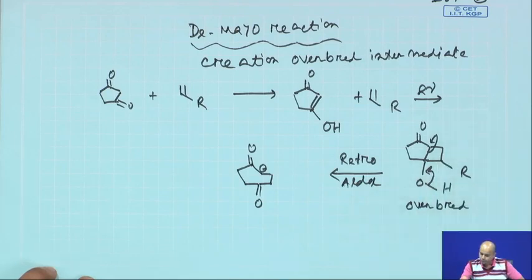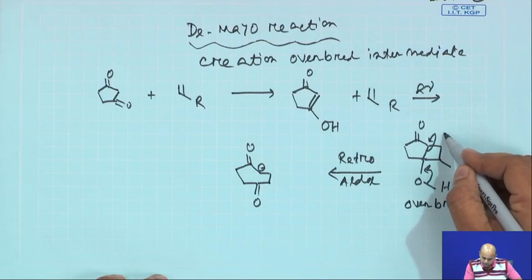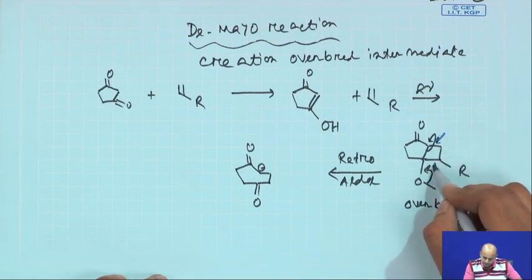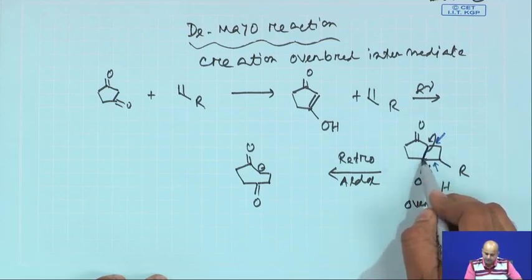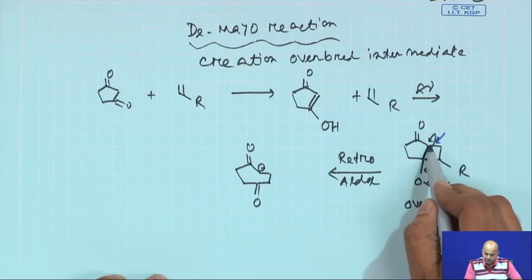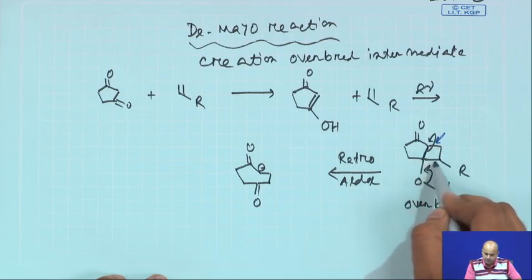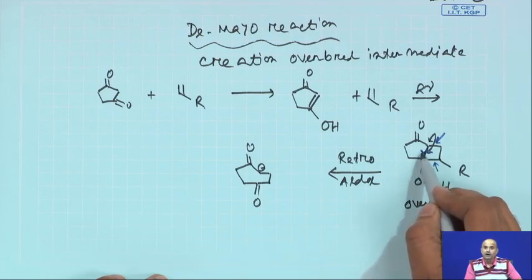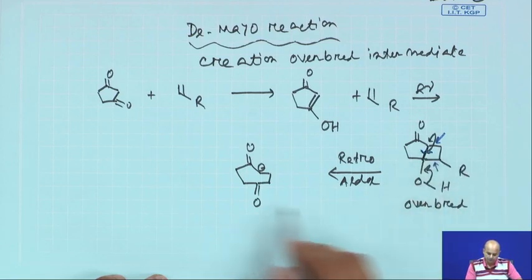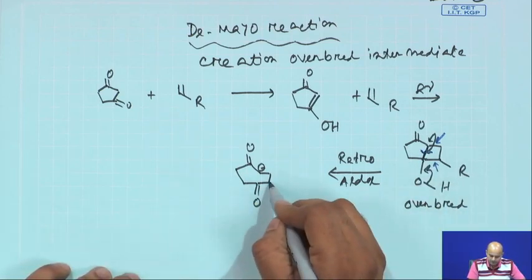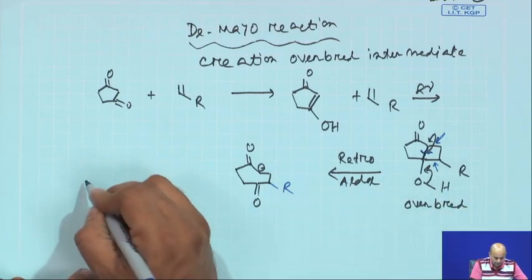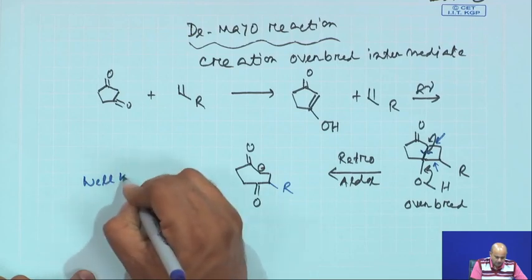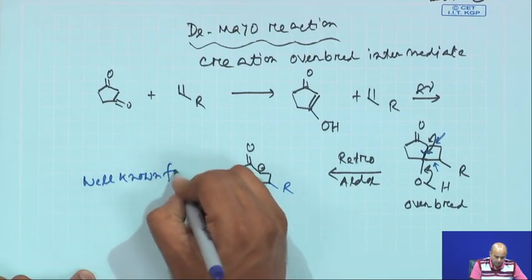So, basically, these two extra sigma bonds you have created, fine. This sigma bond was there earlier. Now, what you are doing in this case is creating two new sigma bonds and then cleaving the earlier sigma bond which was present in the molecule, and this was the main concept of the overbred intermediate, which was well known for a long time.